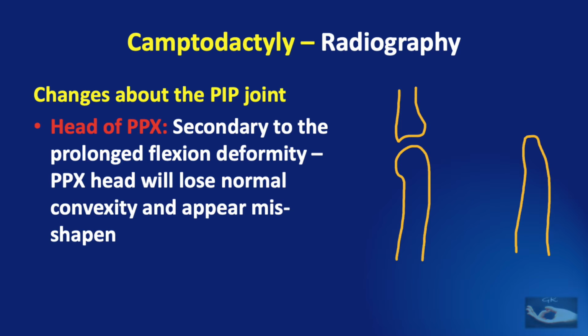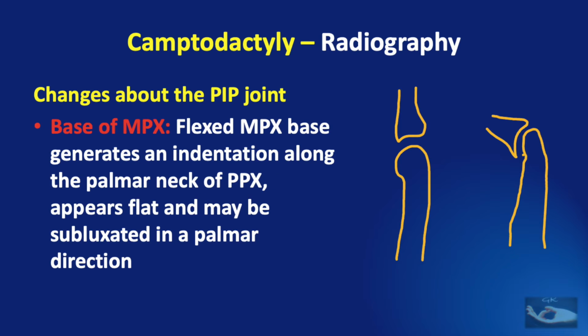The proximal phalanx head will often lose its normal convexity and appear misshapen. The flexed middle phalanx base generates an indentation along the palmar neck of the proximal phalanx, and the base of the middle phalanx itself frequently appears flat and may be subluxated in a palmar direction.